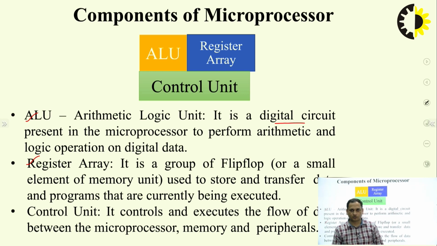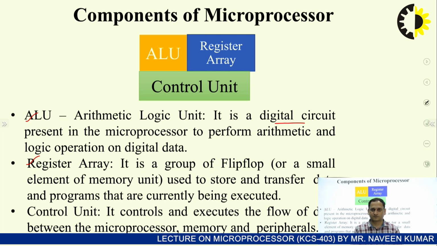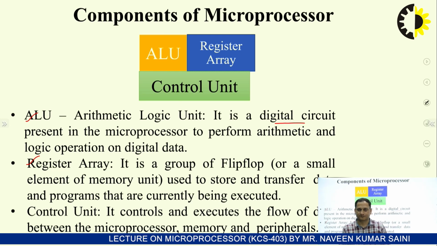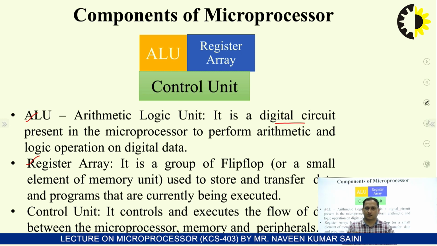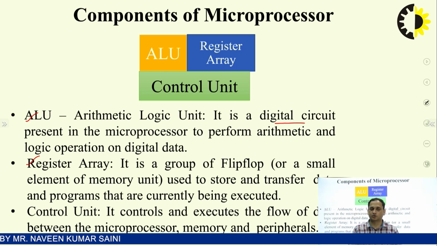The control unit is used to inform the memory or MPU what type of operation needs to be performed, maybe a read operation or write operation by the microprocessor. Okay, so between the MPU and the outside memory or IO devices, read or write operation can be performed. This information, that read or write operation which needs to be performed, is controlled by the control unit.